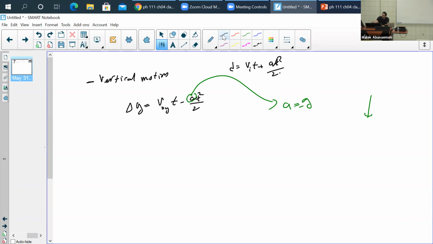So your delta y is going to equal v naught y t minus g t squared over 2, which equals v naught sine theta t minus g t squared over 2. Let's call this equation 2.